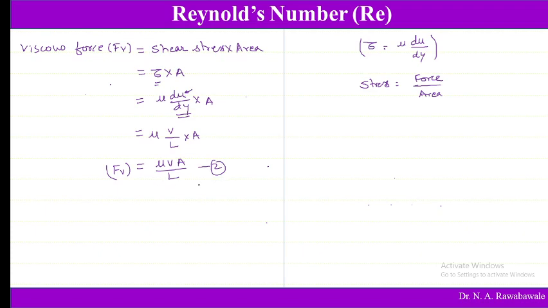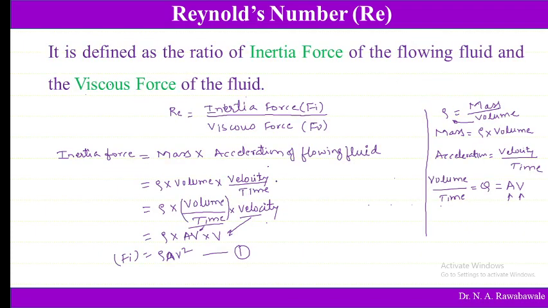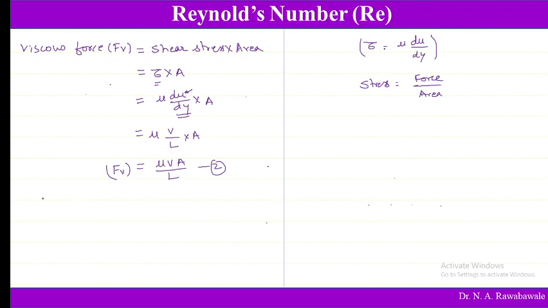Now, according to equation number 1 and the definition of Reynolds number, Reynolds number is equal to inertia force divided by viscous force.